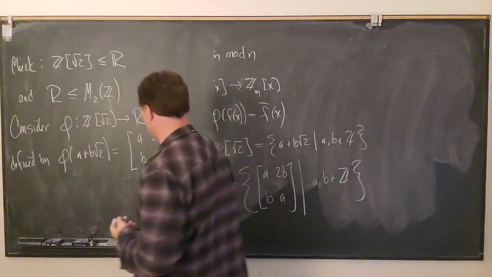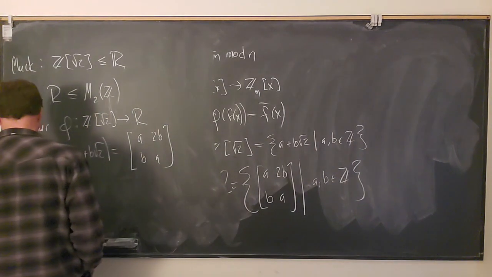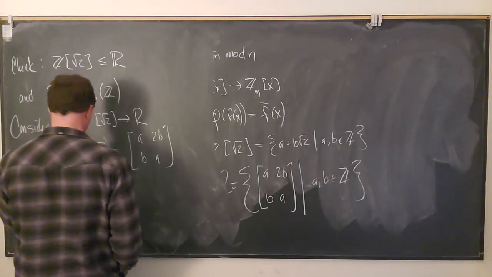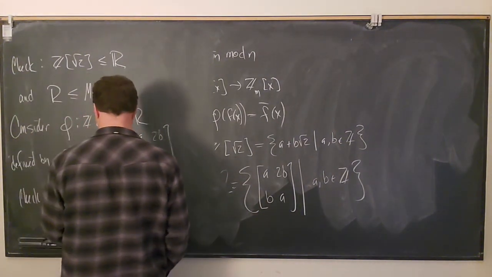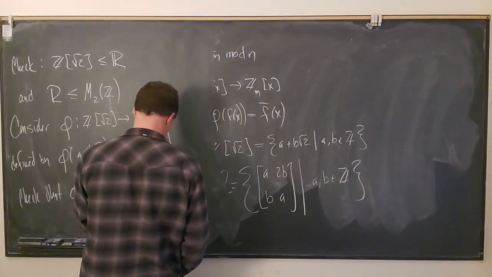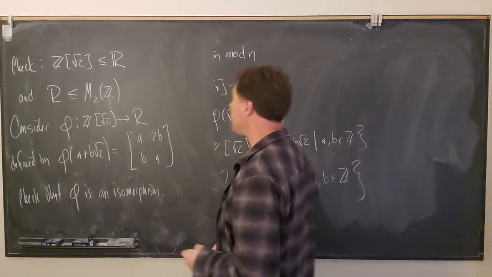It's kind of rigged to work out. So I'll just say check that phi is an isomorphism. It's very straightforward to verify each of the steps here.